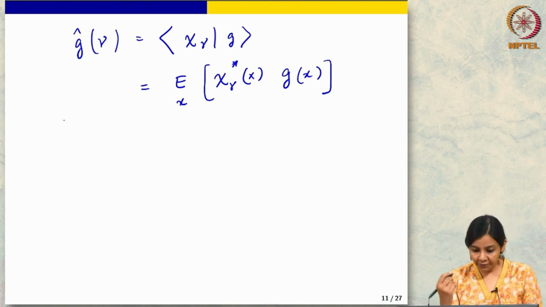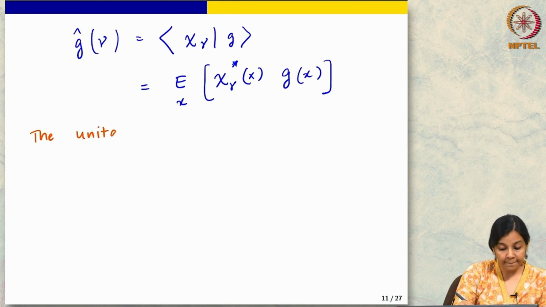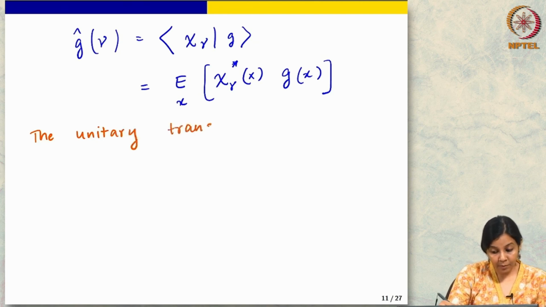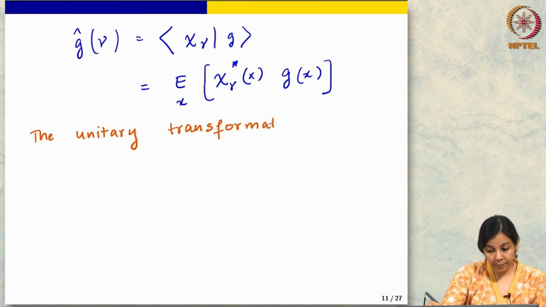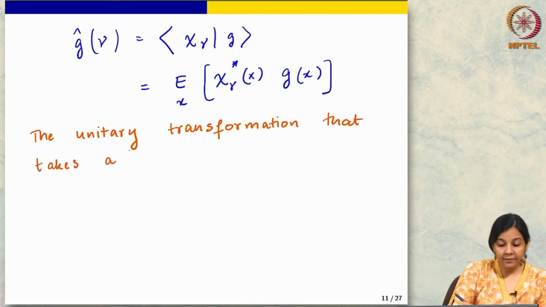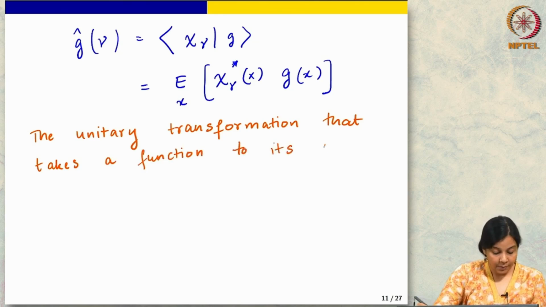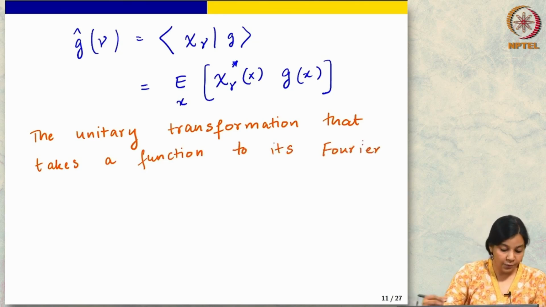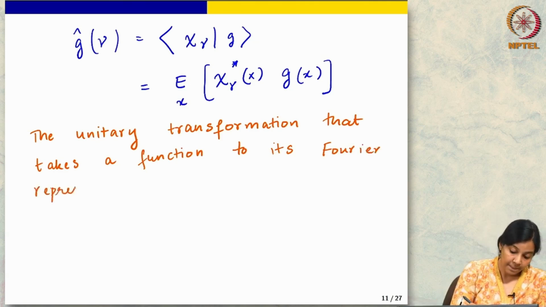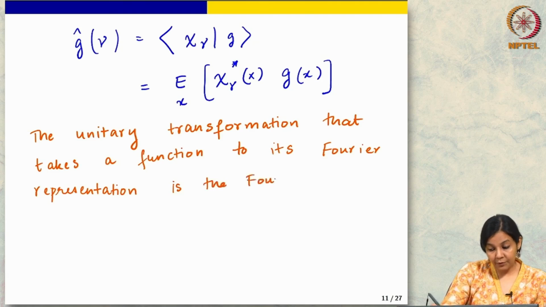First of all, we will just define what the Fourier transform is. The unitary transformation that takes a function to its Fourier representation is the Fourier transform.